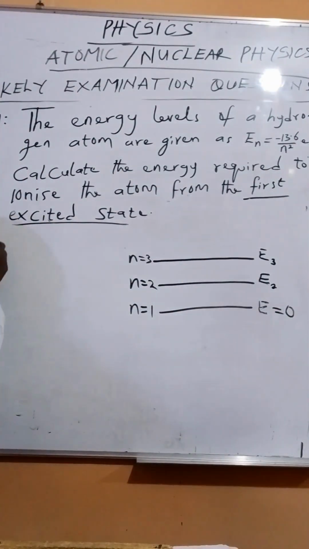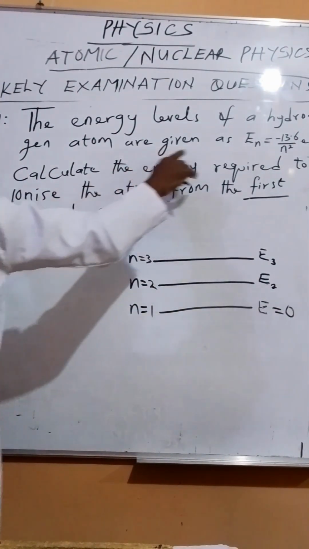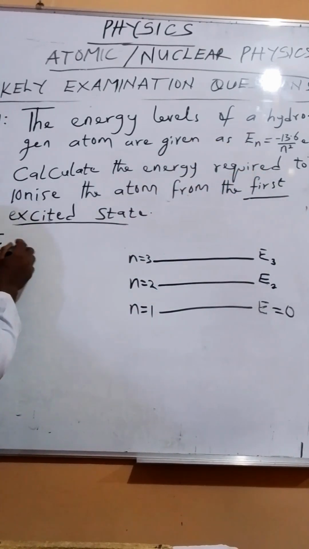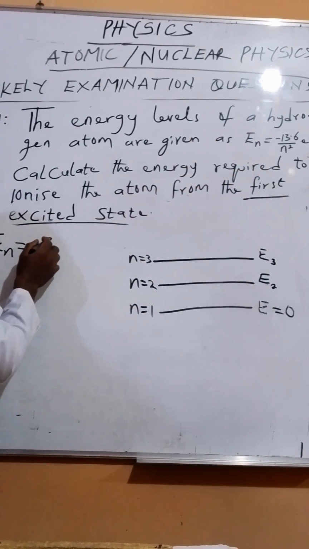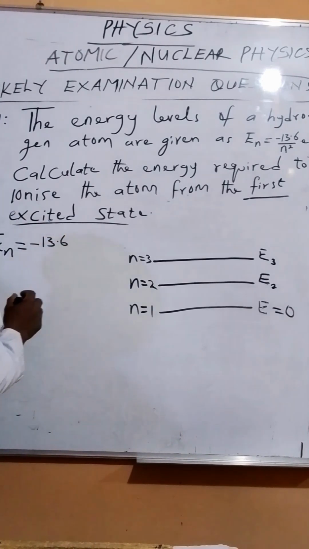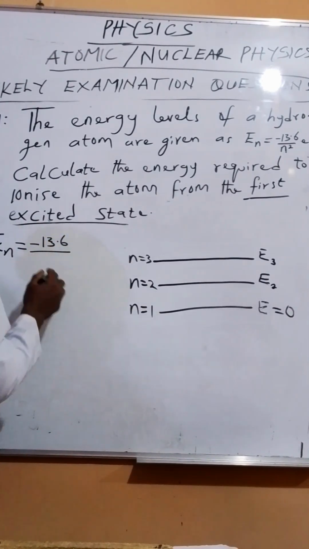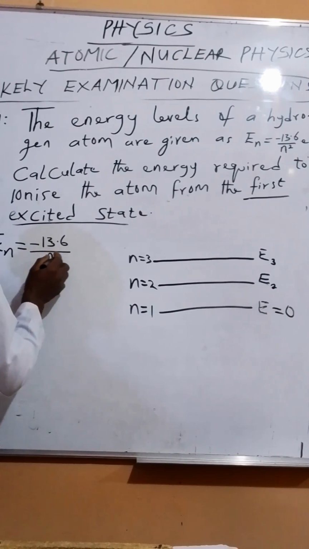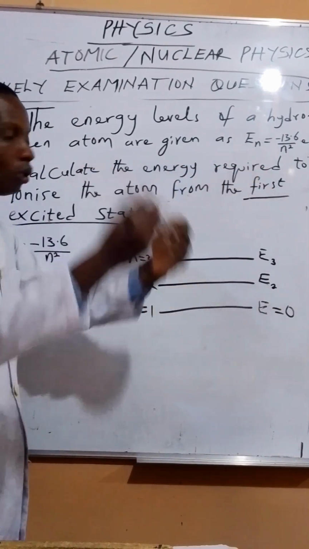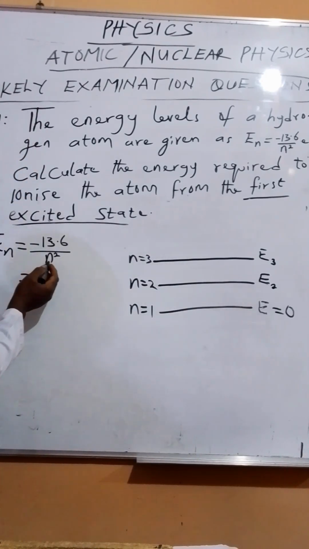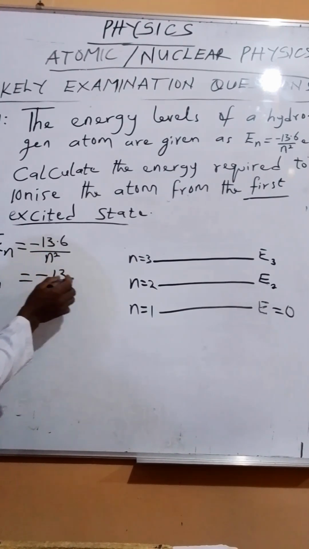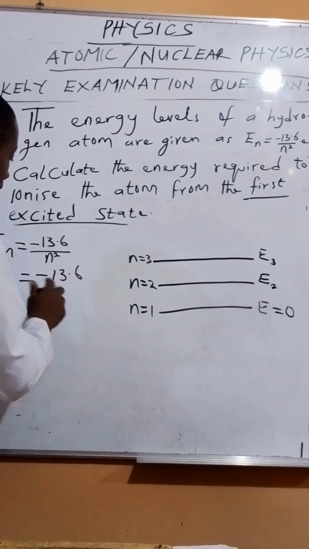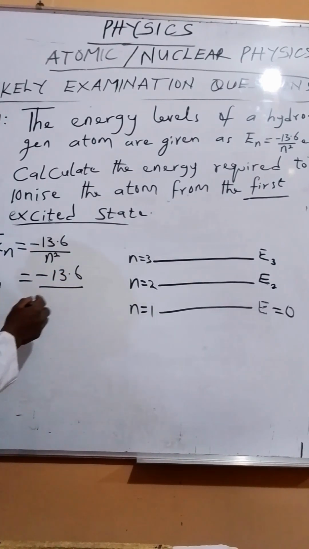Now the formula for the energy levels is E subscript n equals minus 13.6 divided by n squared. That's what we are given here. So if we do our substitution, where n is equal to 2, we are going to arrive at E subscript n equals minus 13.6 divided by 2 squared.